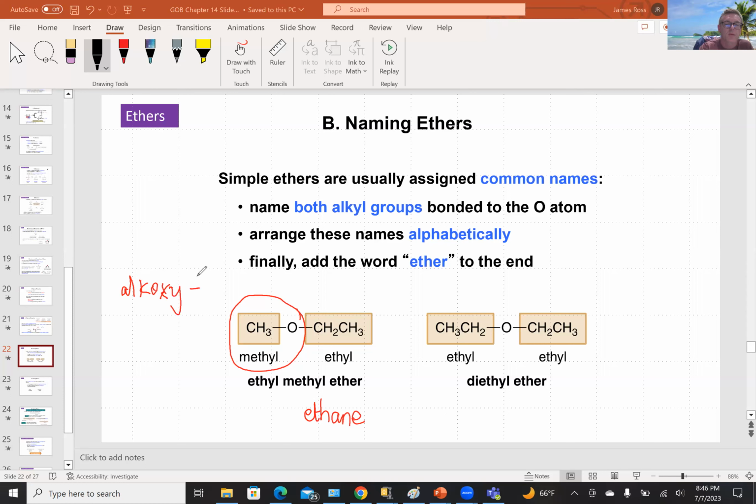If the alkyl part is methyl, it's a methoxy group. The one on the right would be an ethoxy group. So this would be methoxyethane, and this would be ethoxyethane. It should be all one word.